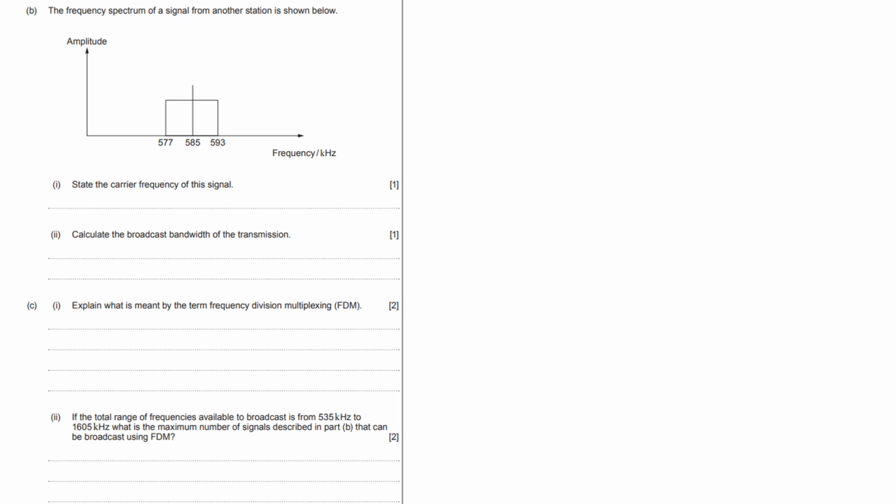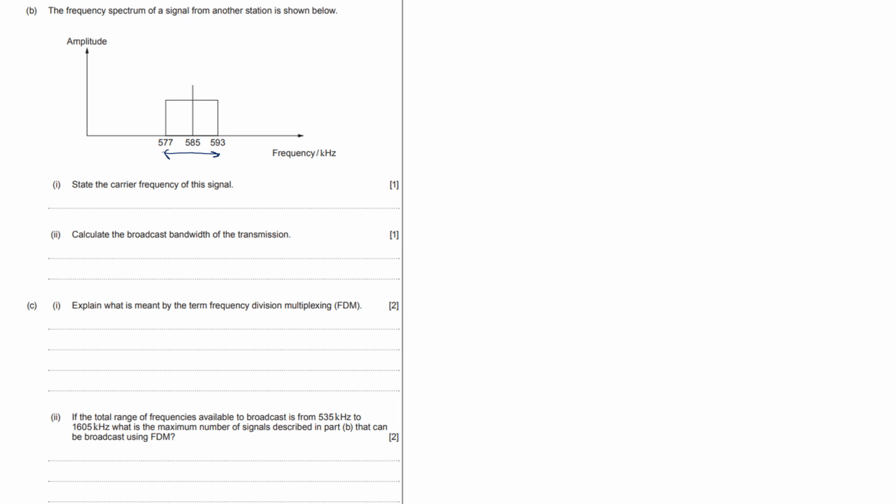So the broadcast bandwidth, let's get my pen. Broadcast bandwidth is there to there. Okay, that's the broadcast bandwidth. Okay, so 77, 87, so that's 15, isn't it? 16, sorry, 16, yeah.